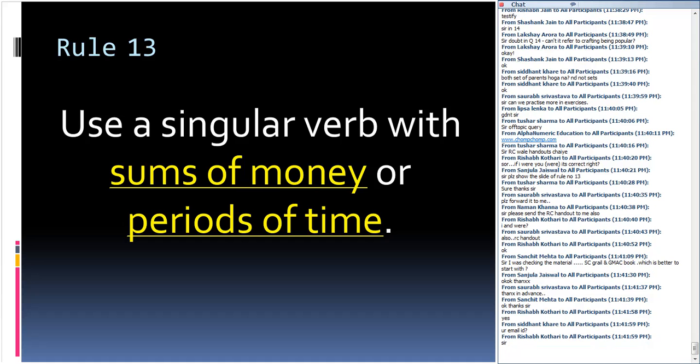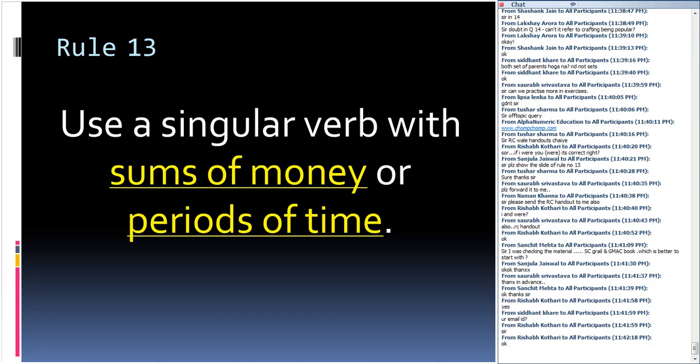I and were is used whenever you talk about a dream, something that you are only longing for which cannot be fulfilled. You can use it in such a situation. Okay, I wish I were Bill Gates or something like that. You can use it in such a situation.